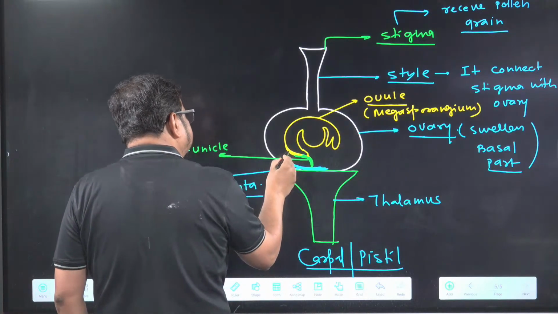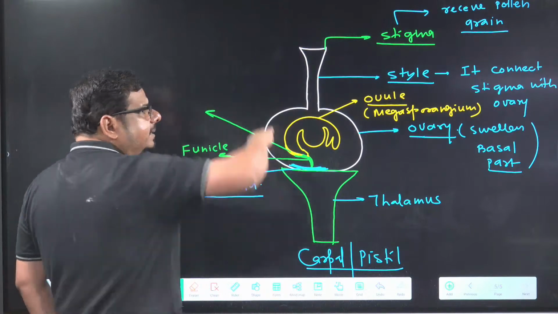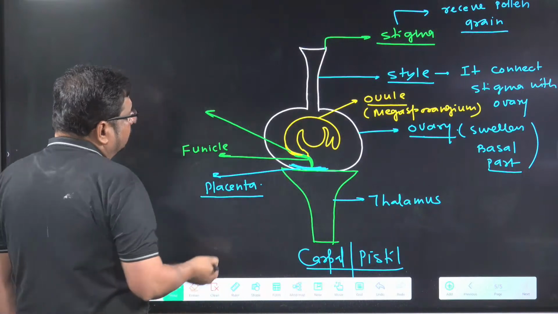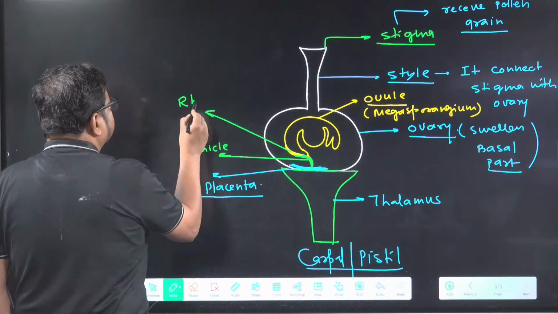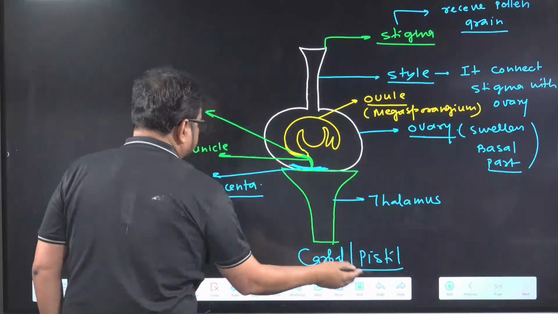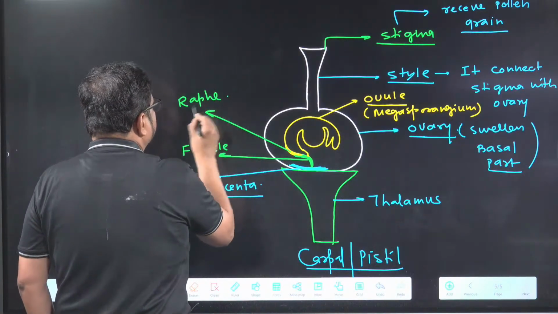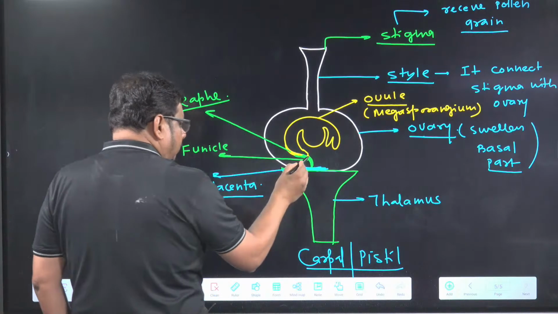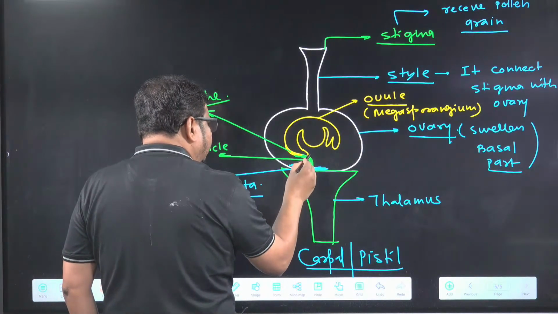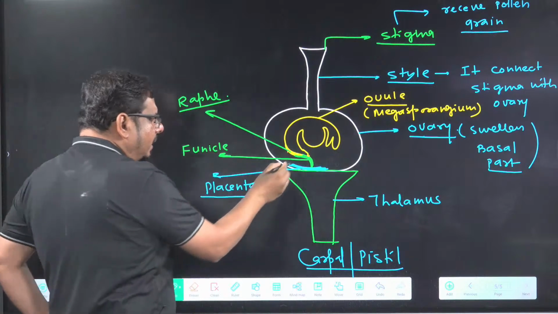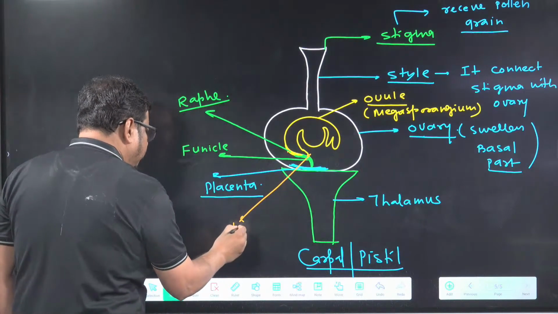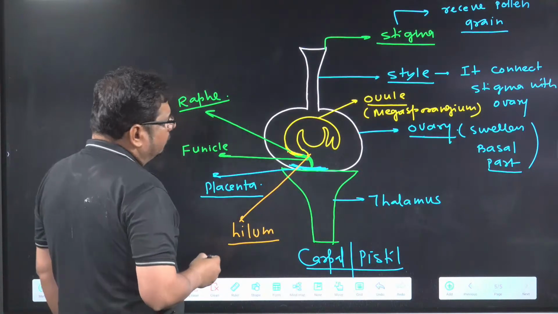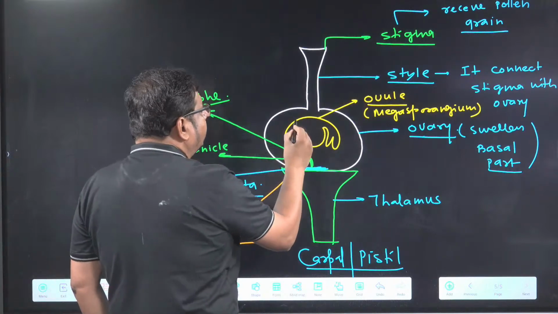And where they are attaching, a mound, ridge, or elevation formation occurs. That particular part is called raphe. The part of the funicle which joins with the ovule, the joining area, is called hilum. This yellow part is the body of the ovule.